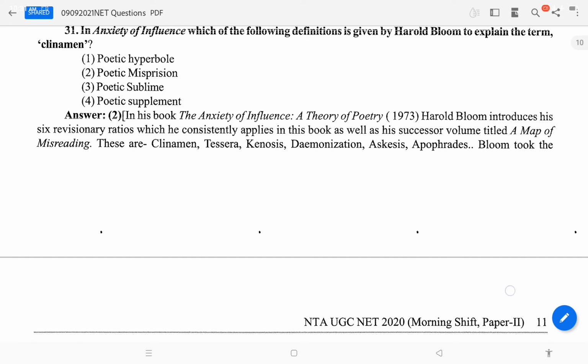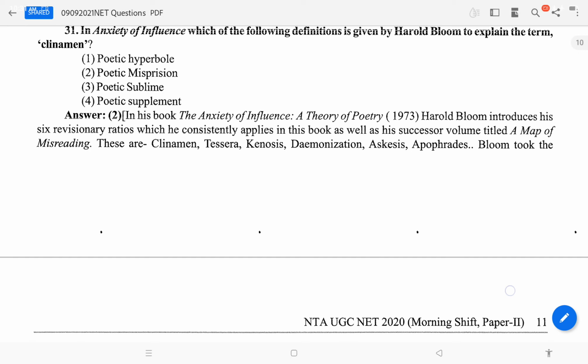Some young poets try to retell the story. Some try to detach their story from the ancient. Some try to recap the old story. So here he divided all the terms. You can read it from his book.